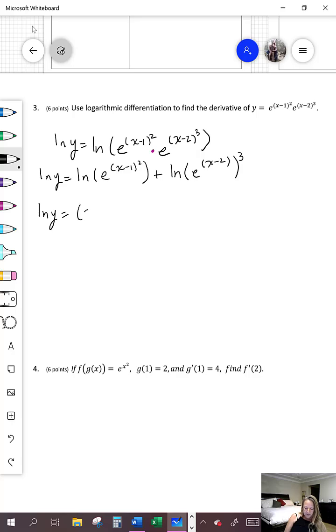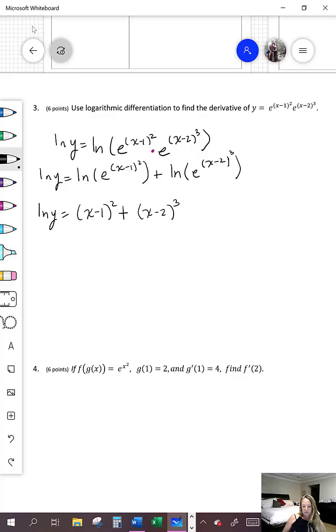Well, that's just (x minus 1) quantity squared, plus, same thing here, natural log of e raised to the (x minus 2) quantity cubed is just (x minus 2) quantity cubed.